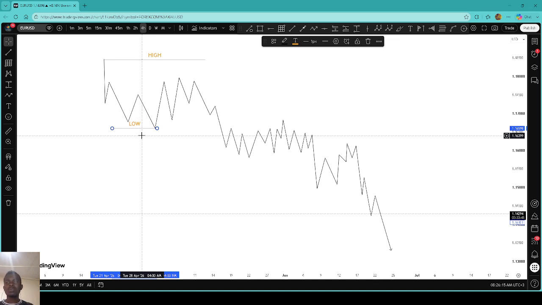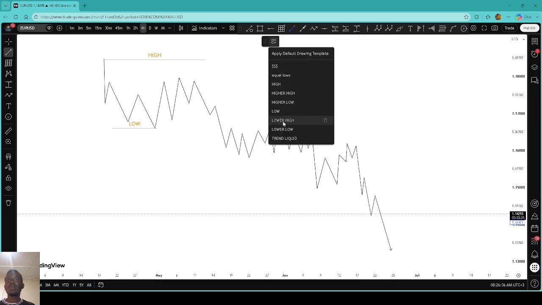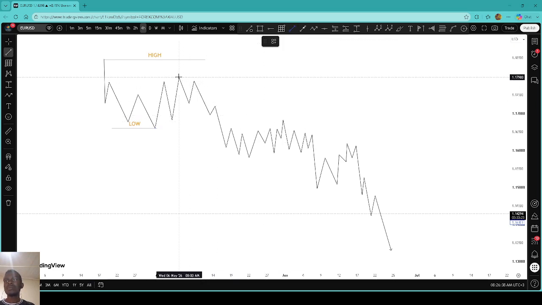But when we put it in a very clear manner, this should be our low, and this point should be our lower high.